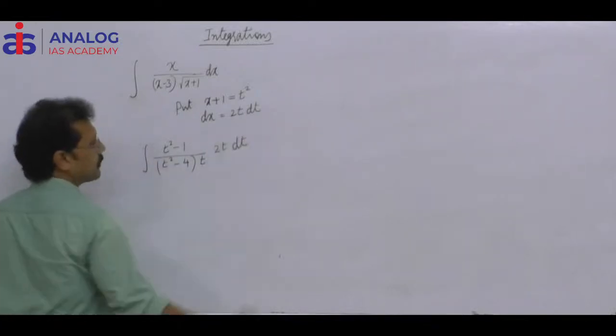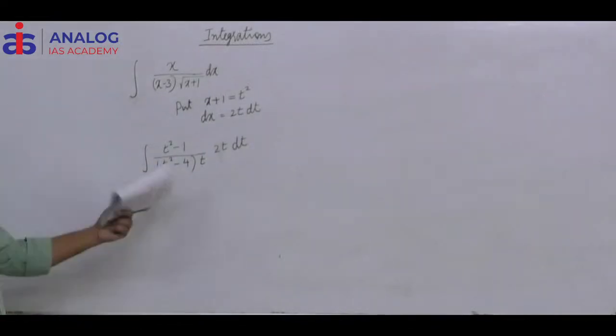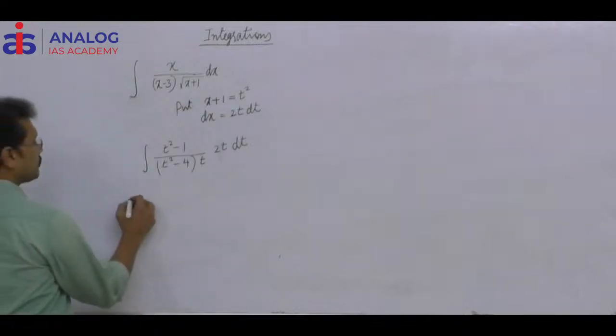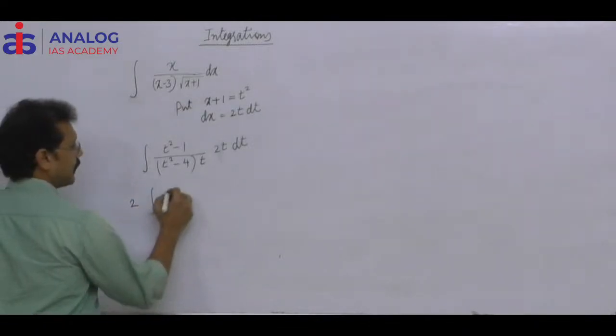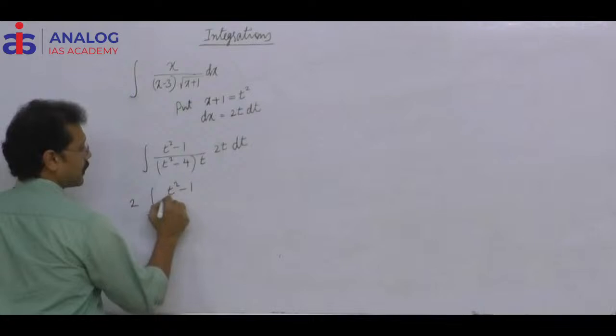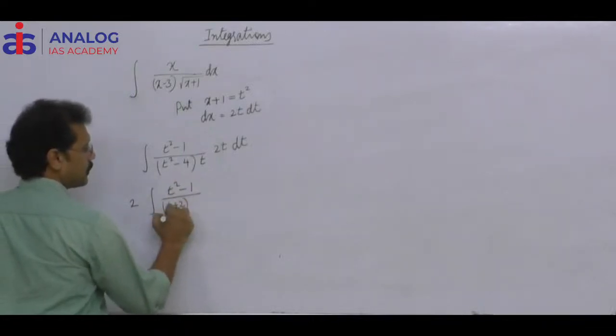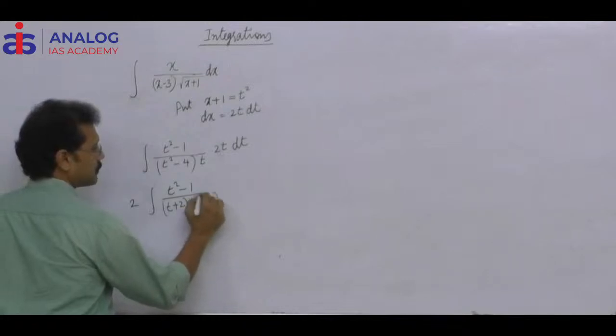Is that okay? So t gets cancelled, 2 remains. Integral 2 times (t square minus 1) by (t square minus 4) dt.